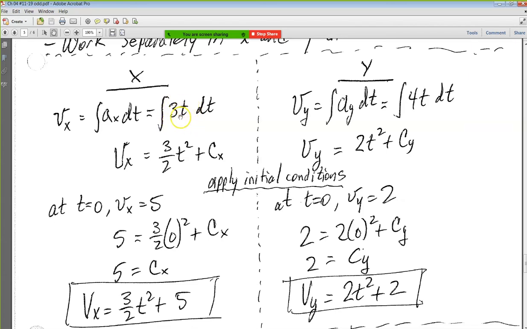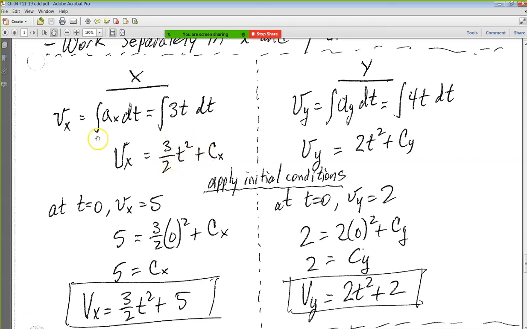So I know that it came from something that had a power of 2, because that subtracts by 1 to give me this t to the first power. And I know that when I multiply that power times the coefficient, I need to end up with the number 3. So with a little thinking, you can see that when I multiply 2 by 3/2, I end up with 3. So there's the integral of 3t.